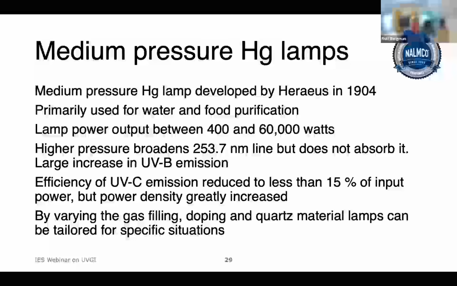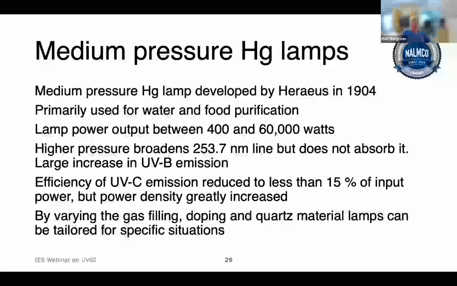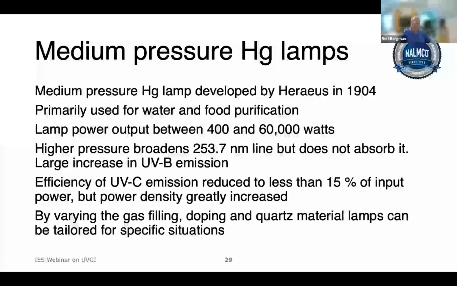So you have a much higher vapor pressure of mercury, on the order of 1 atmosphere now. What happens then is that the power per unit length in a medium pressure mercury lamp is on the order of 200 times higher than in a fluorescent lamp. So it's about 1 volt per centimeter in a regular fluorescent lamp, whereas it's 200 volts per centimeter in a medium pressure lamp.